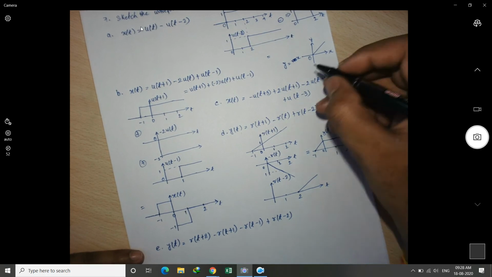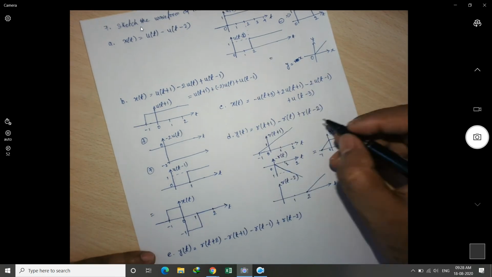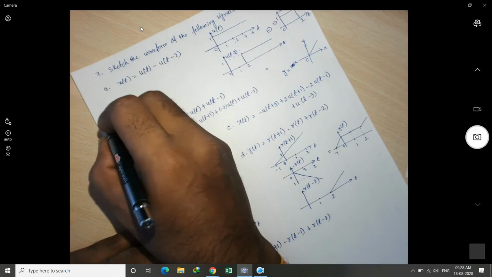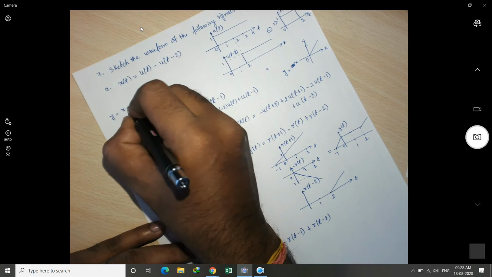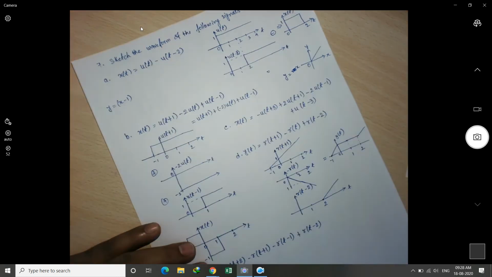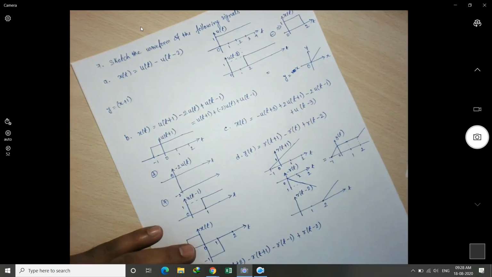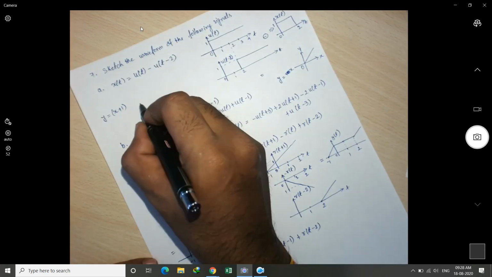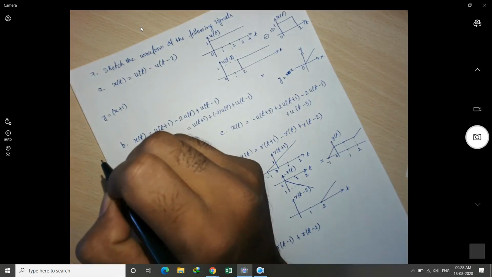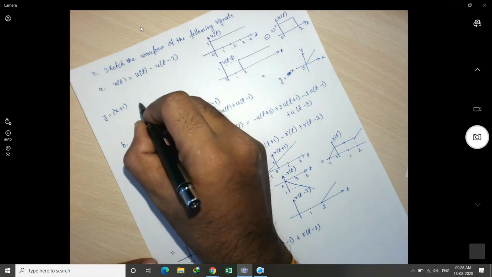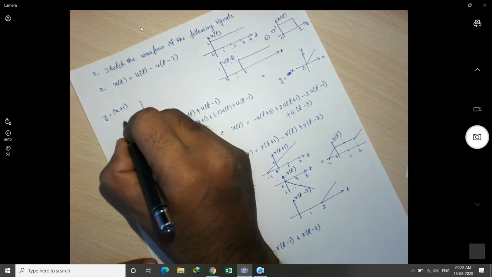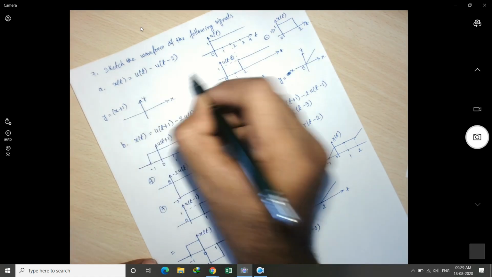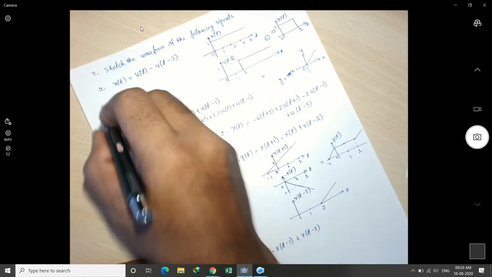Now let us consider another signal in the same way: y equals x minus 1. Sorry, x plus 1 according to this. If we plot this one, this is y, this is x. Let us take some values.